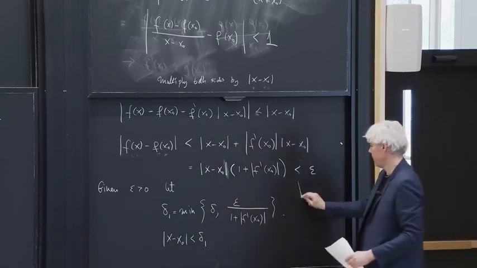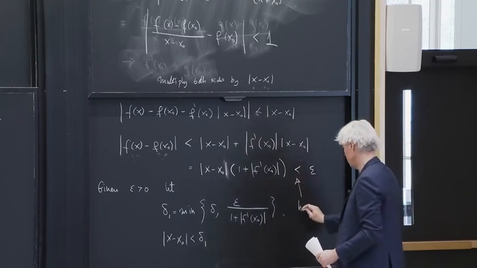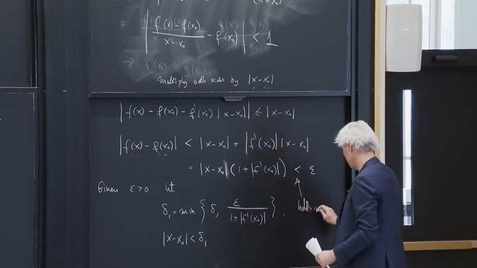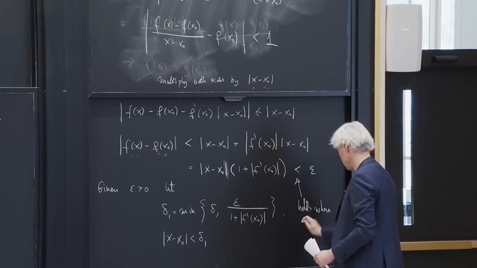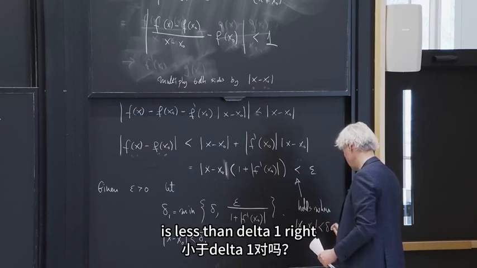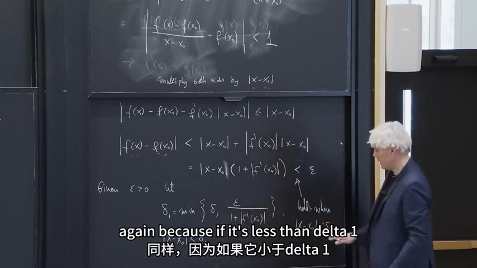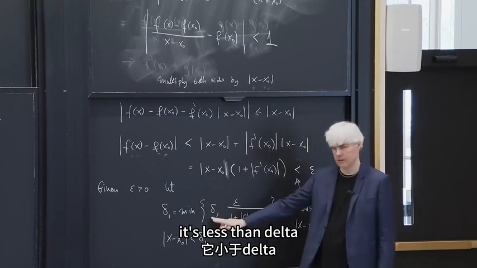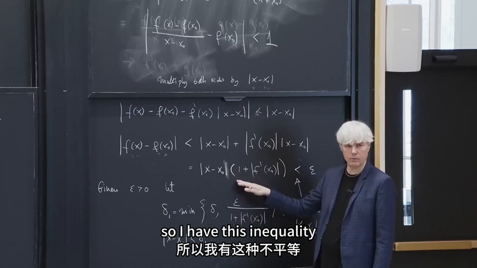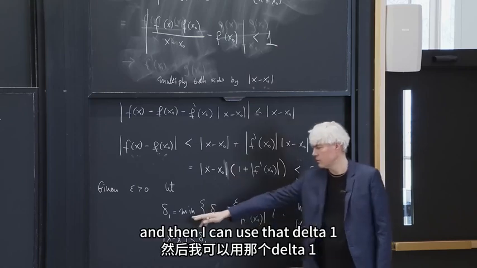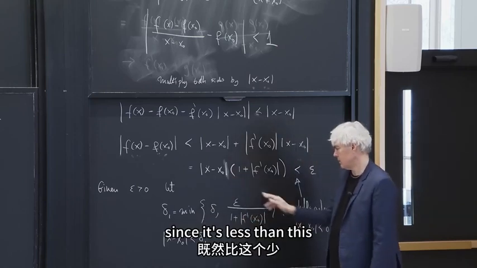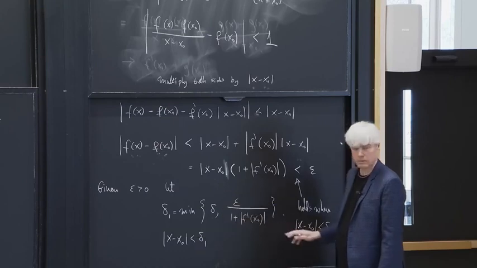This here holds when x minus x0 is less than delta 1. Right? Again, because if it's less than delta 1, it's less than delta. So I have this inequality. And then I can use that delta 1, since it is less than this.